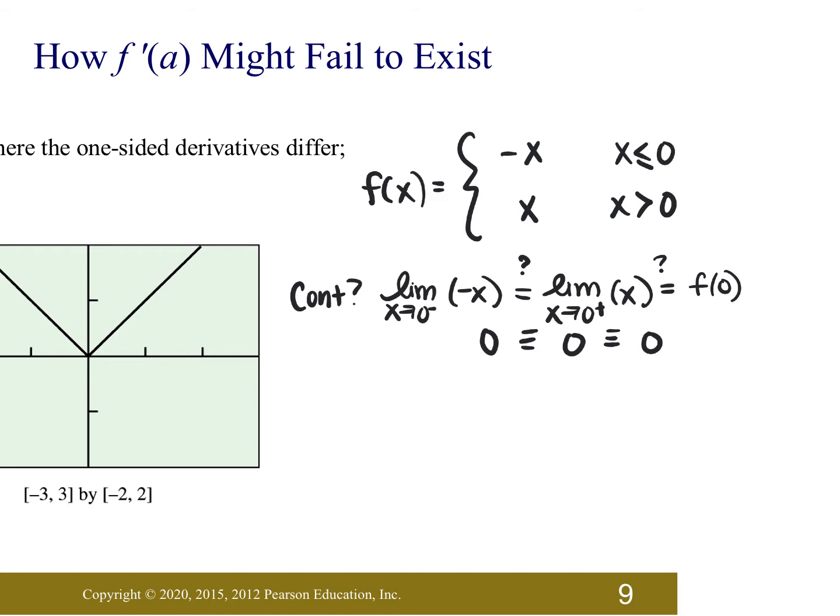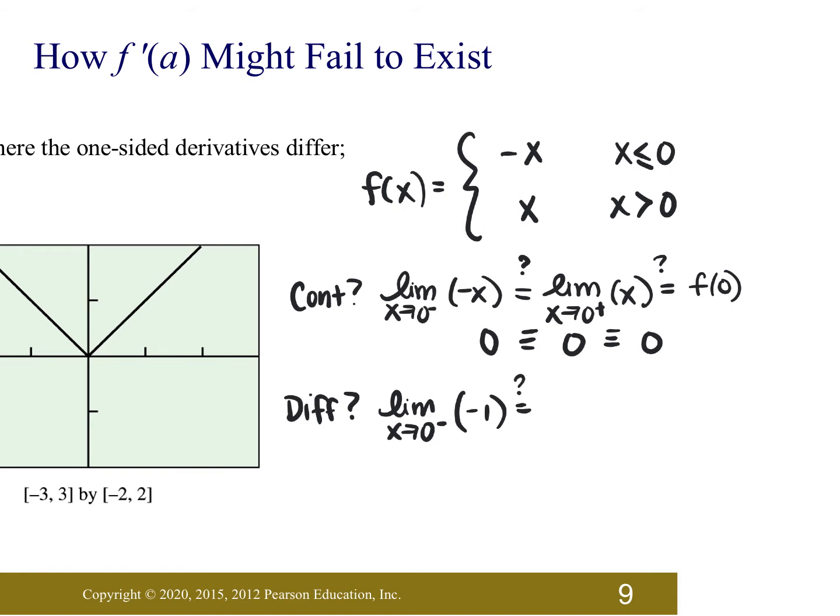Then you move on to prove the point of differentiability, which you can tell visibly is not going to be differentiable, but we want to prove it. So we check the limit approaching 0 from the left of the derivative. What's the derivative of the left piece? Negative 1.